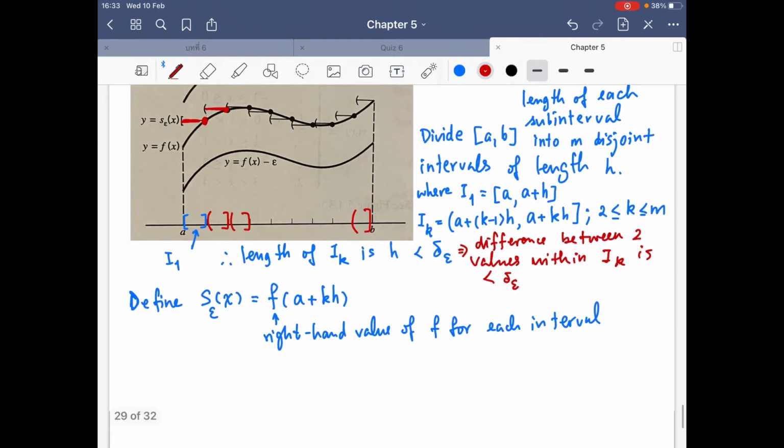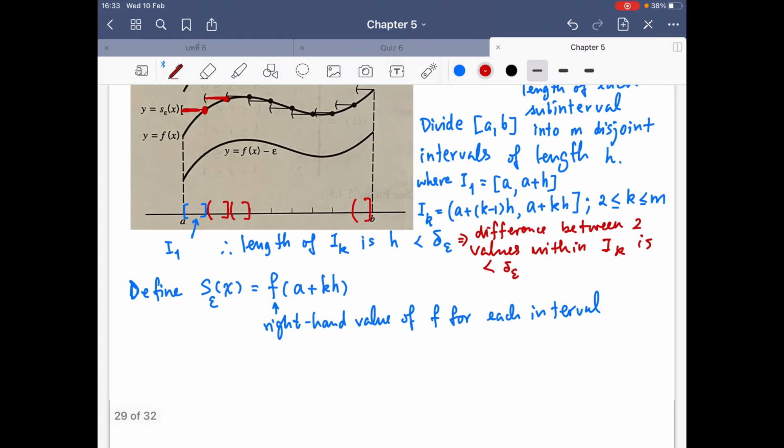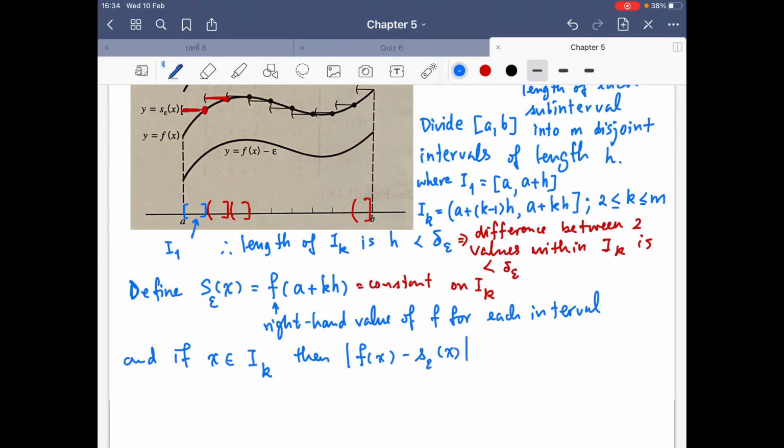All right, so it means that s will be constant on each of the intervals Ik. And if x is within this interval Ik, then the difference of your f and your s function is f of x minus f of a plus kh.